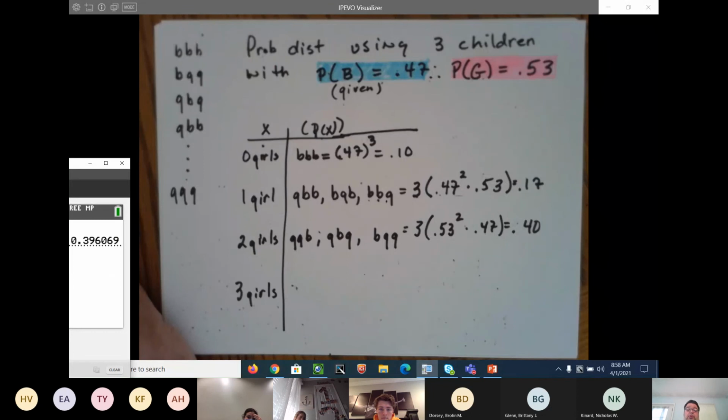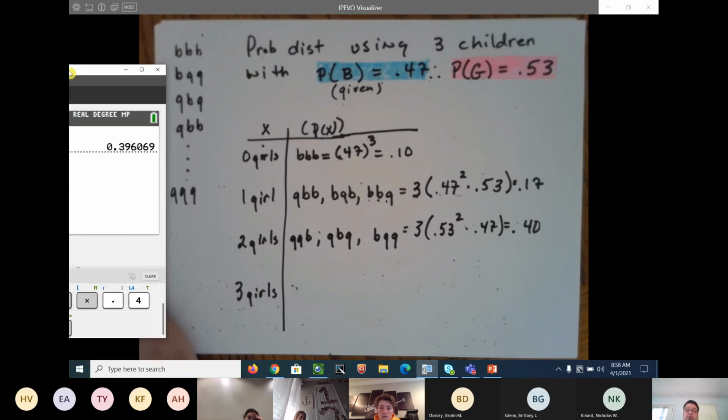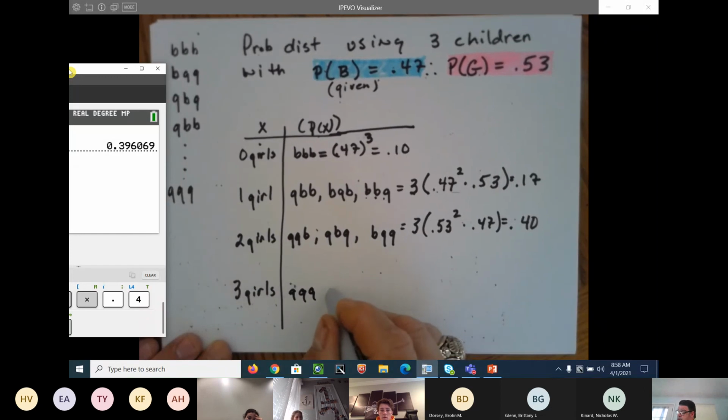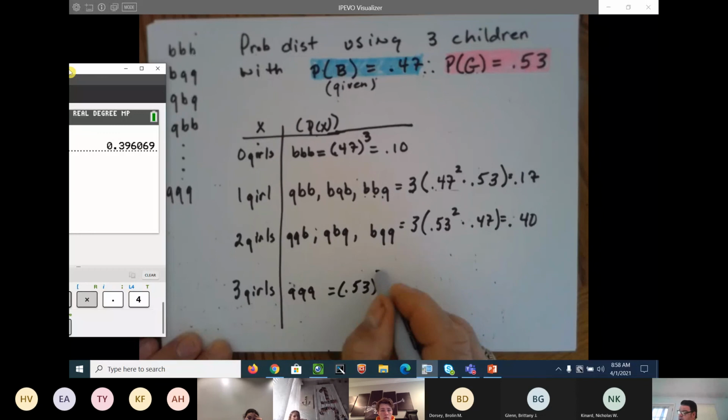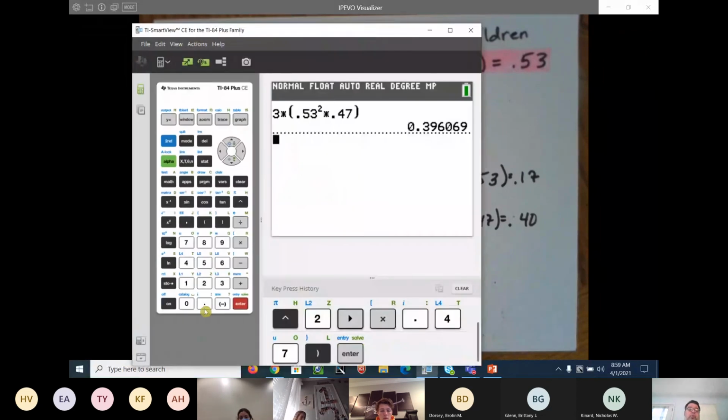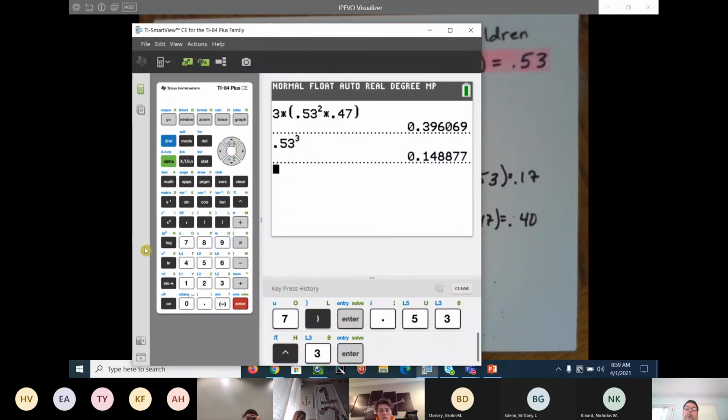And now what will 3 girls be? Well, that'd be girl, girl, girl, which is equal to 0.53 raised to the 3rd power. So 0.53 raised to the 3rd power is 0.15.